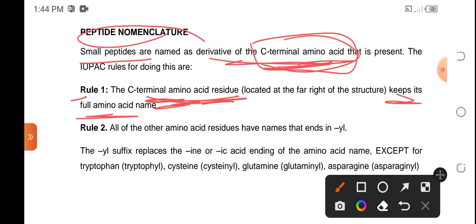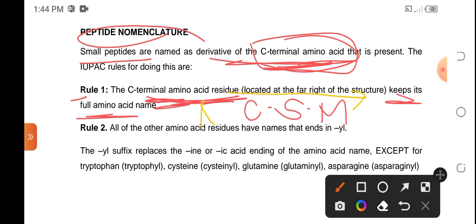So, kunyari, ang ating amino acid ay cysteine, serine, and methionine. Okay? So, ang sa pangalan daw, since alam natin that from left to right ang basa, di ba?